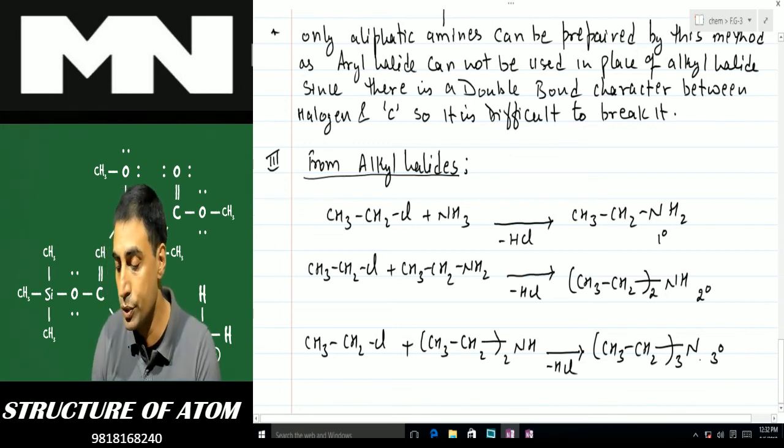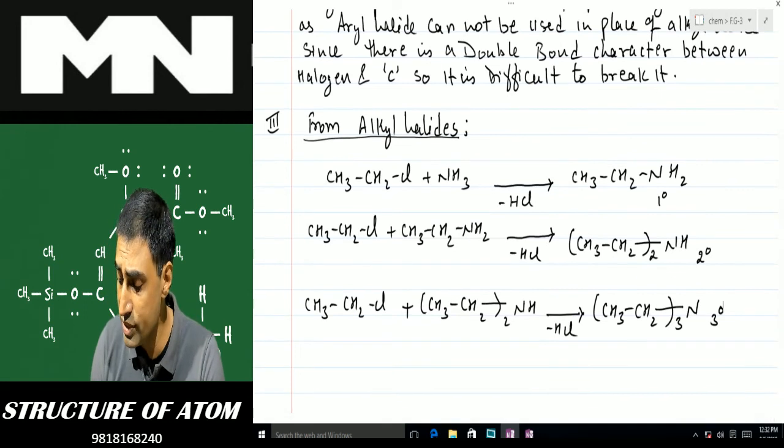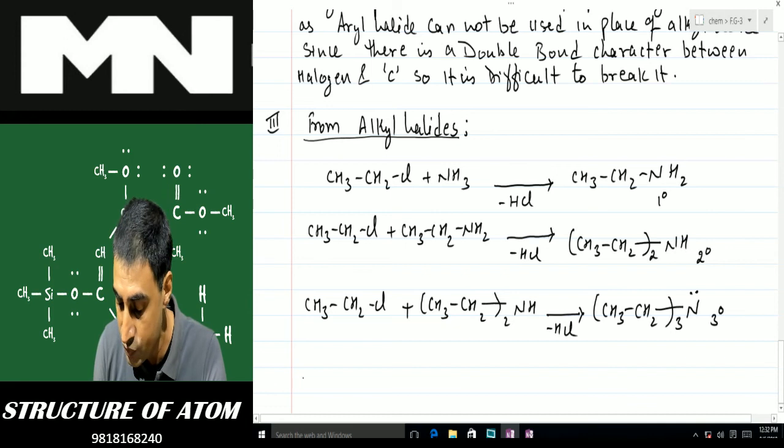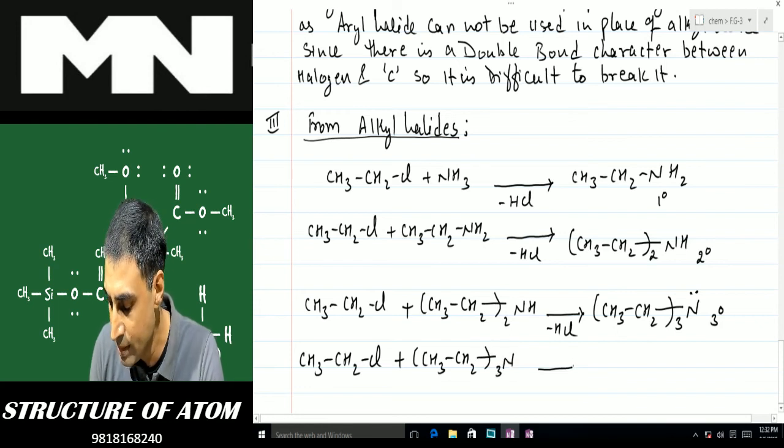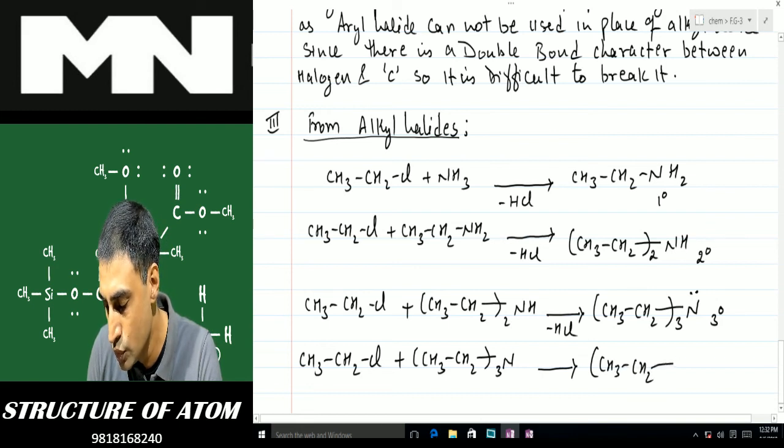But this reaction is not going to stop here because even the 3-degree amine has got a lone pair of electrons which they can easily donate to a carbocation. So next step you can have CH3CH2Cl plus (CH3CH2)3N. You'll get a compound that is (CH3CH2)4N positive and Cl negative.